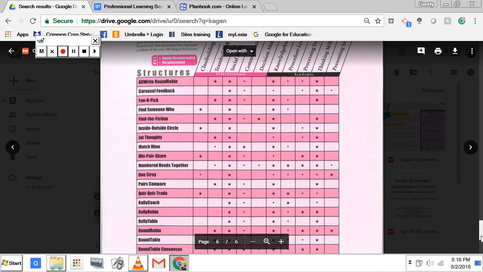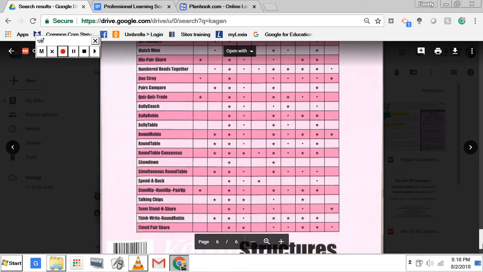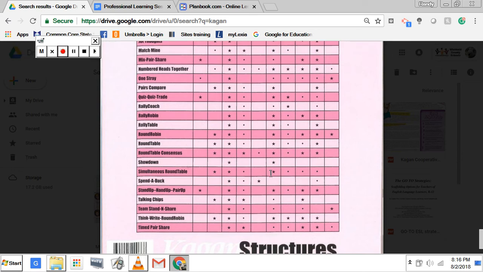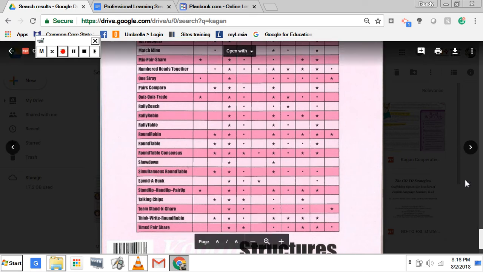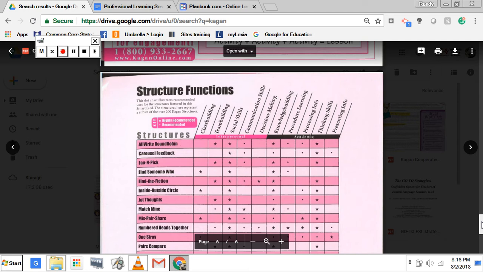They have a star if it really supports it very well, and then it has like a little dot if it supports it kind of, but not great. That's kind of what I got out of the stars and the dots, and it's been a really good resource. The actual key says highly recommended for the stars.